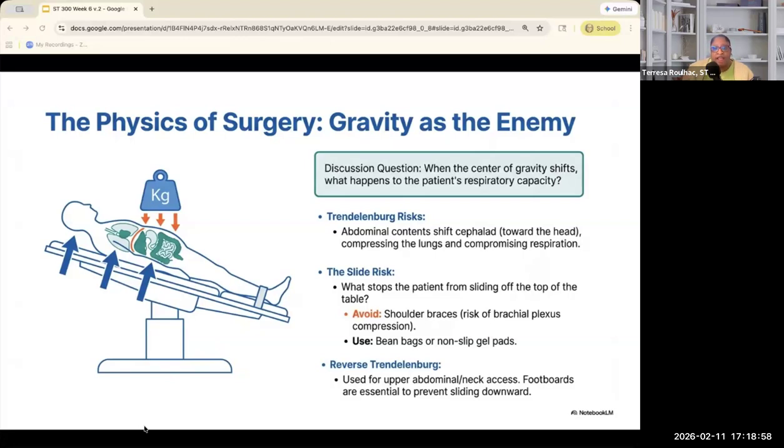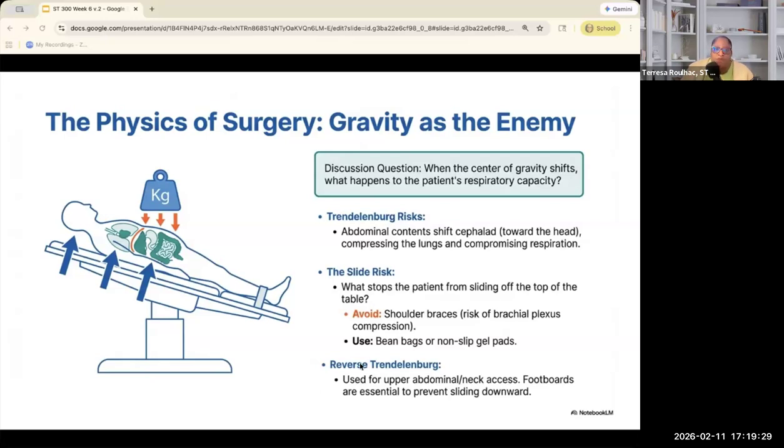When the patient is tilted head down, the abdominal organs are going to come towards the chest. So we look at what's happening when the patient is head down. Would it be more difficult or easier for the patient to breathe if they are head down, meaning they're on their back?